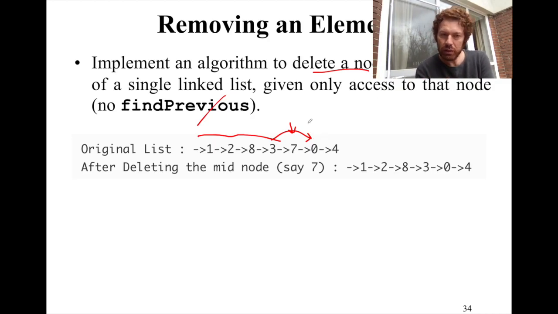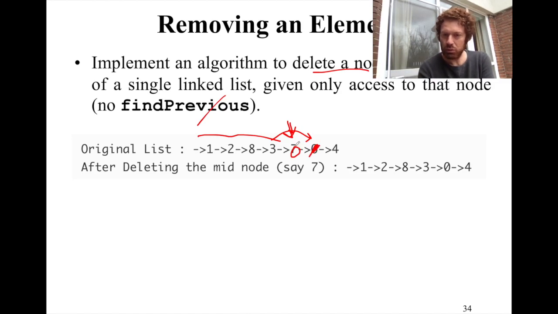So you will think out of the box actually. Since I have access to this node, I also have access to p.next, because I don't have p.prev, but I have p.next. So I will copy this value 0 here, because I can go there, and then I will bypass this node.